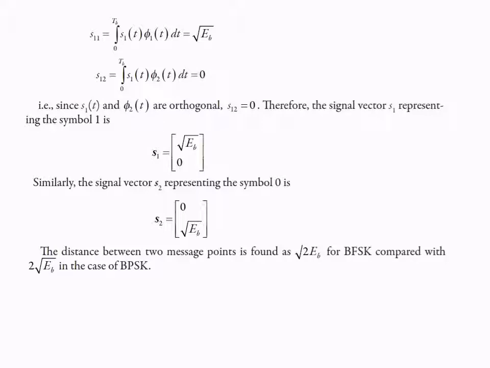In that we will see how we get the distance between two message points as root of 2EB. If you look at the signal space diagram of BPSK, you can calculate the distance between two message points as 2 root of EB. Now here we are going to discuss the signal space diagram for BFSK.